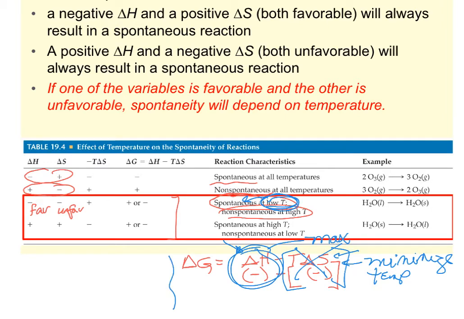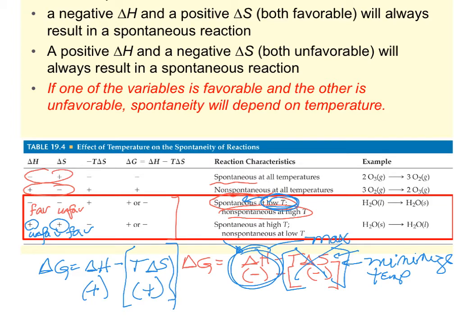Looking at the other end of the spectrum, if delta S is favorable, okay, so delta S increasing is favorable, and delta H is unfavorable, if it's endothermic, then looking at the equation, mathematically, with plus and minus signs, we have a situation like this.